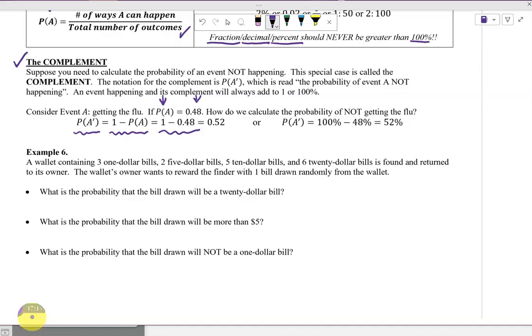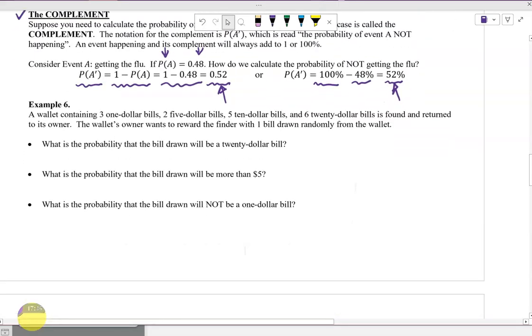So 1 minus 0.48 or 0.52. And if we're doing it in percents, it would be 100% minus 48%, which would give you 52%. So as a decimal, 0.52. As a percent, 52%.